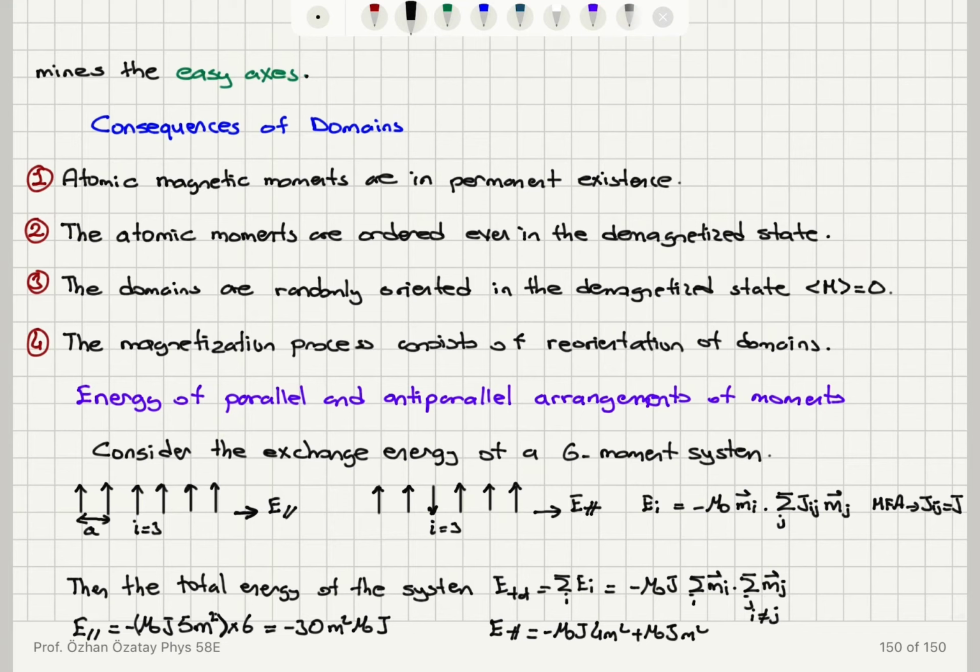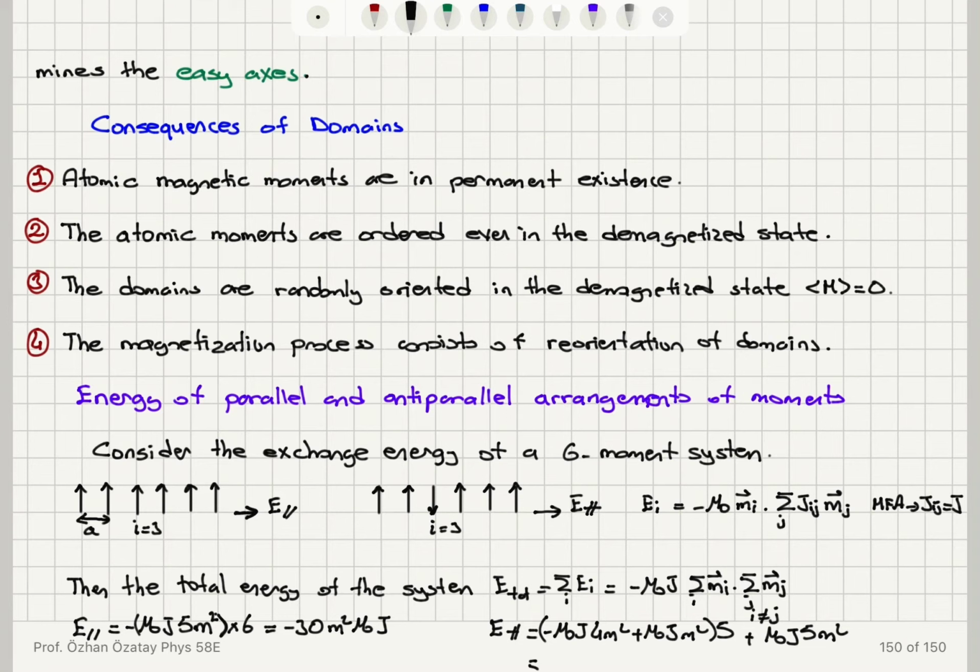So this will happen for the first one, second one, fourth one, fifth one, and sixth one. So this scenario is happening 5 times. And for the third one, I have plus mu 0 J, because they're in the opposite direction, 5m squared, because it's happening 5 times.